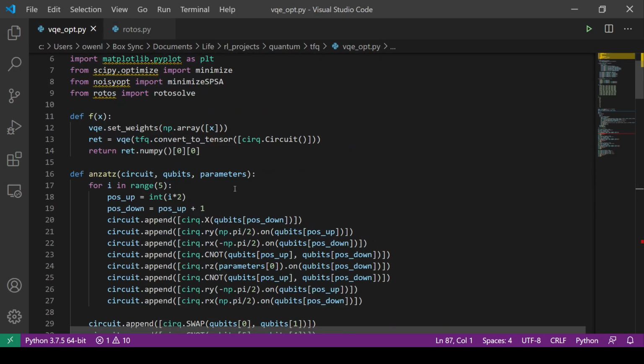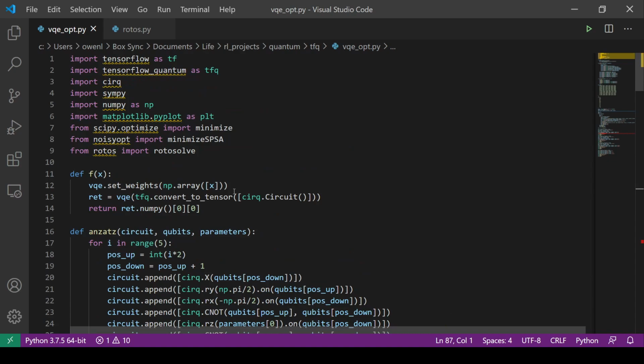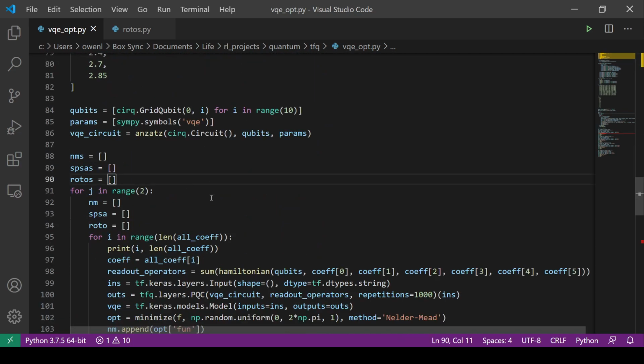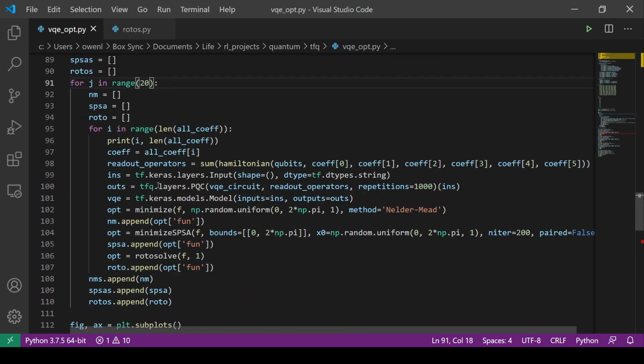So if we go back to the last VQE we did, minimizing the hydrogen atom, we have Nelder-Mead, we have simultaneous perturbation, SPSA, a common one for stochastic optimization and noisy optimization. And then we have Rotosolve. I'm doing the same optimization loop for each of them many times, and then I will show the results.